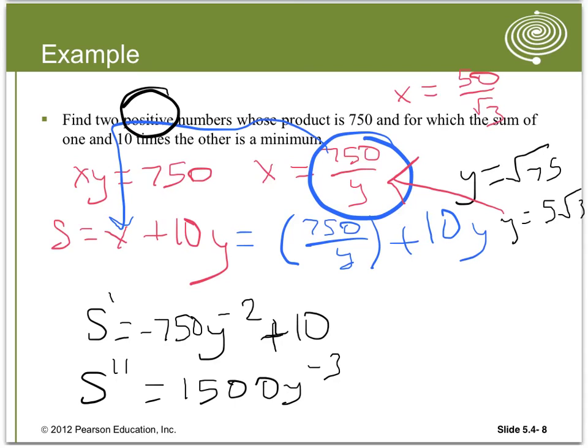That gives me a positive number, and so when I evaluate this at y equal 5 square root of 3, my answer is positive. And if your second derivative is positive, remember that tells us we do have a minimum. So there we have our x, we have our y, and by the second derivative, we showed that it is indeed a minimum.